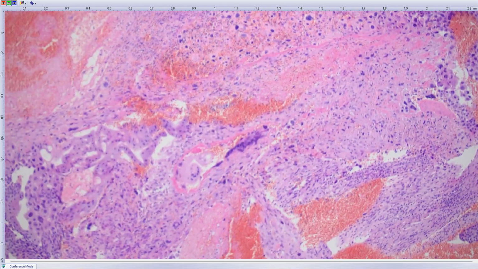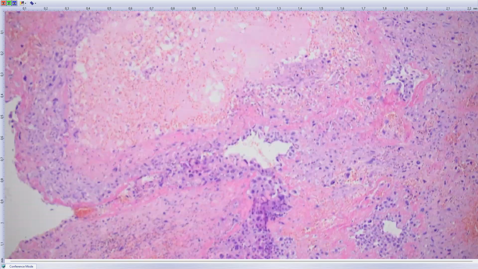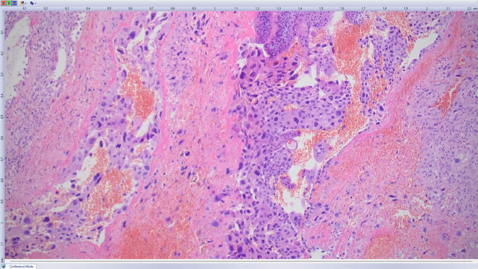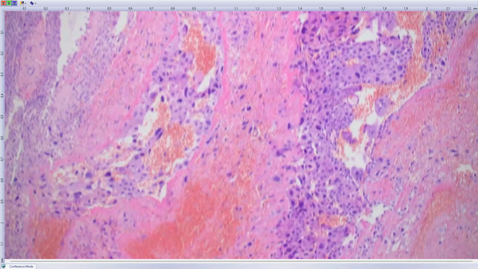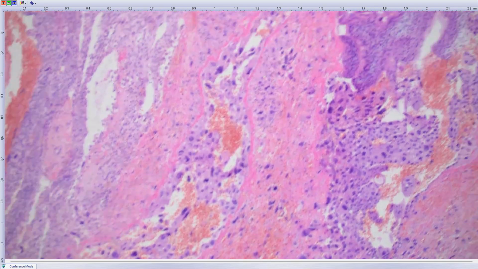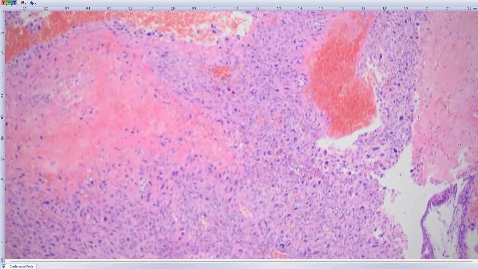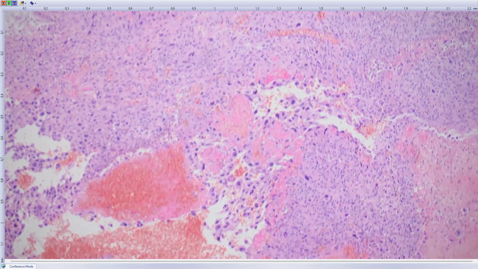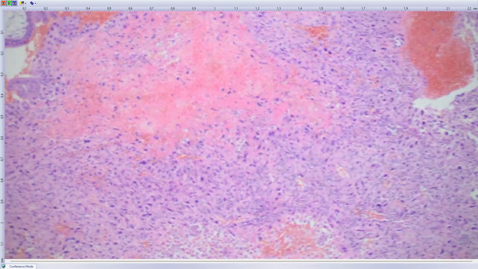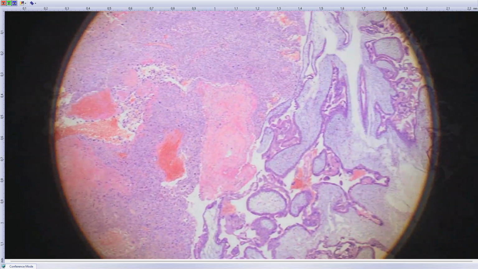So here we have areas of quite atypical epithelioid cells together with fibrinoid necrosis, and here the main differential diagnosis would be placental-site trophoblastic tumor and choriocarcinoma, because this lesion is quite cytologically atypical.